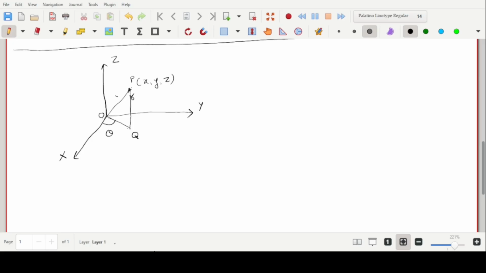Now what is phi? Phi is the angle that this segment OP makes with the positive z-axis.